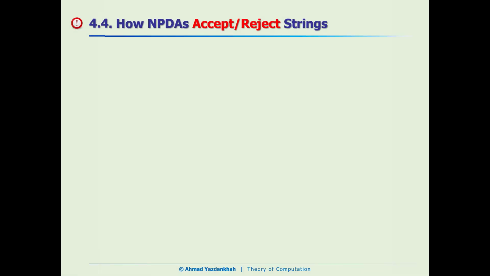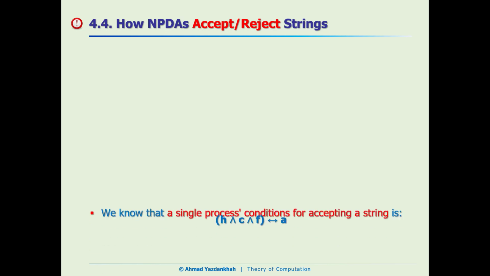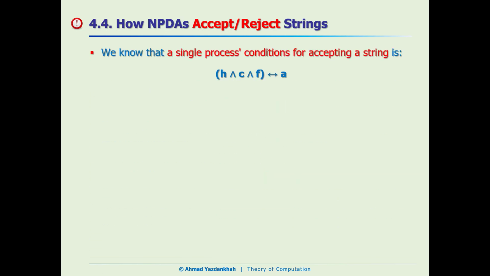Another question is how NPDAs accept or reject a string, right? We learned so far that one single process needs to have all of these conditions satisfied: halting, consuming all of the symbols, and halting in an accepting state, right?